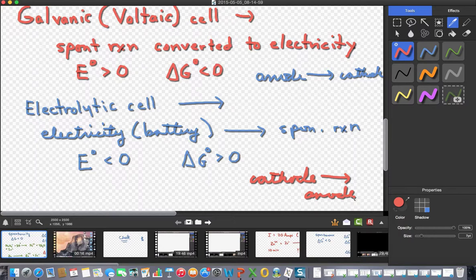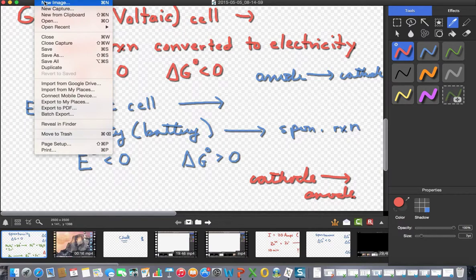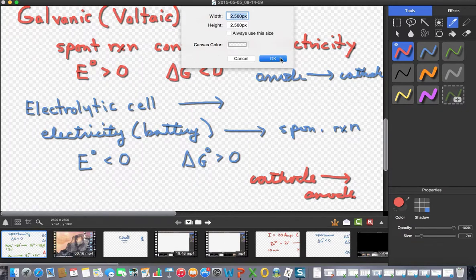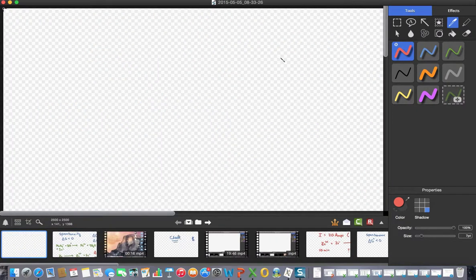Okay, so now that we've discussed introducing what Faraday's constant is, we've discussed delta G equals negative NFE. Let's talk for a moment about the Nernst equation so that we can discuss how the electrical potential can change when pressure changes or when concentration changes. So the Nernst equation is actually provided for you on your equation sheet, and I'm going to give you the exact same form that is on your equation sheet.